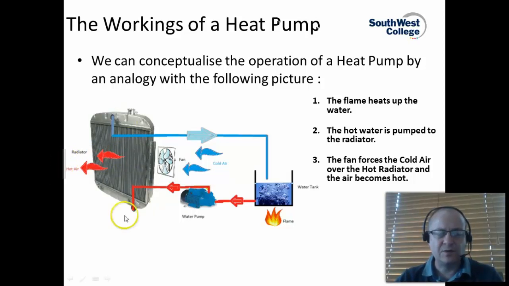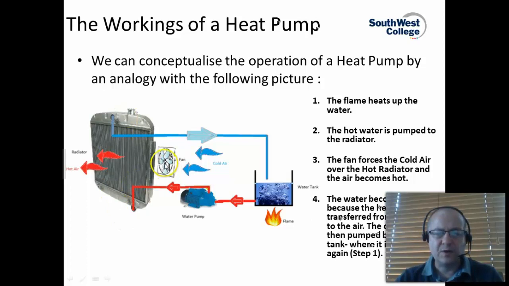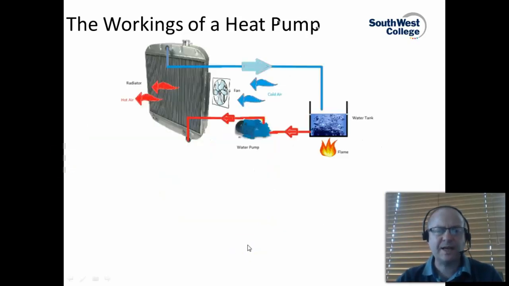That cools the water as it goes through the radiator, because the heat's been removed by the air, and the cold water is then pumped back into the water tank where it's heated up again, and we're back to step one. It's a very simple little loop around the cycle: hot water pumped through a radiator, cooled down by the airflow, and then back into the storage tank.